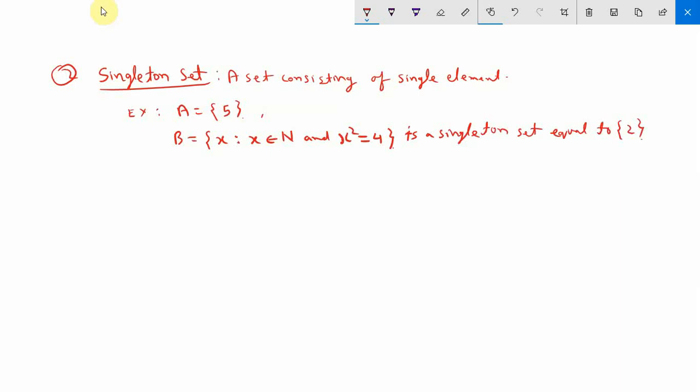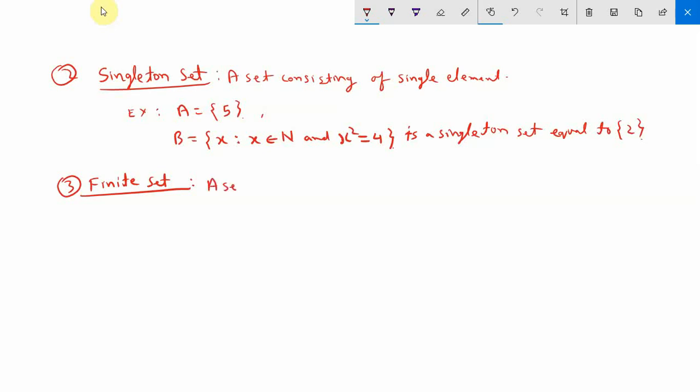Cardinal number of a finite set. So first we will see what is a finite set. Next, third type, finite set. Okay. So what is a finite set? A set is called a finite set if it is either a void set or its elements can be listed or counted by natural numbers 1, 2, 3, and the process of listing terminates at a certain natural number.